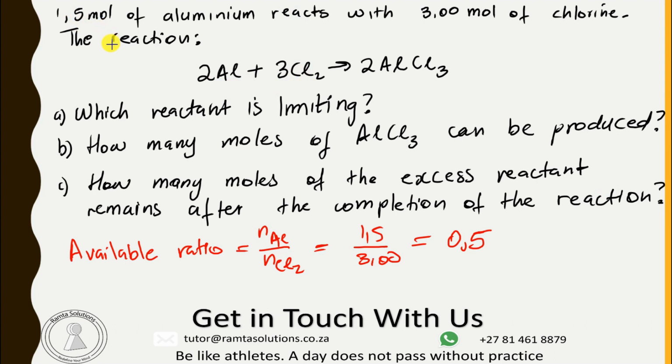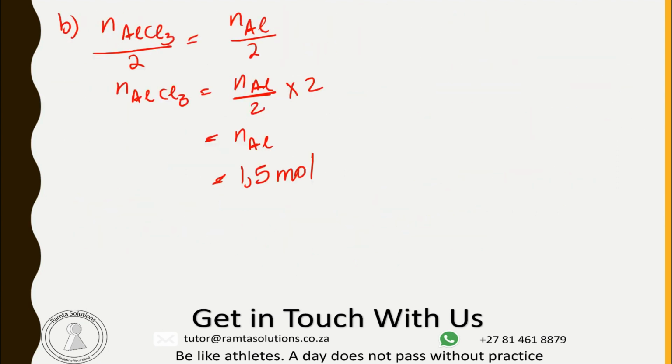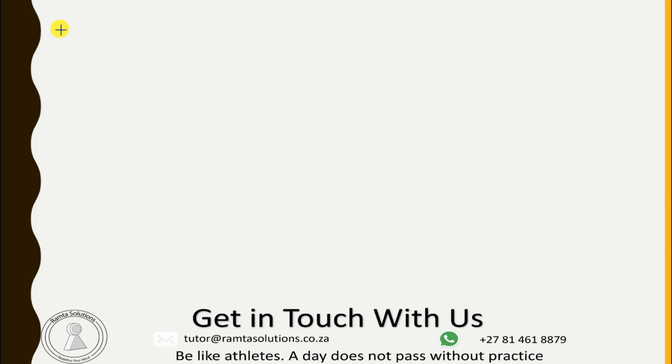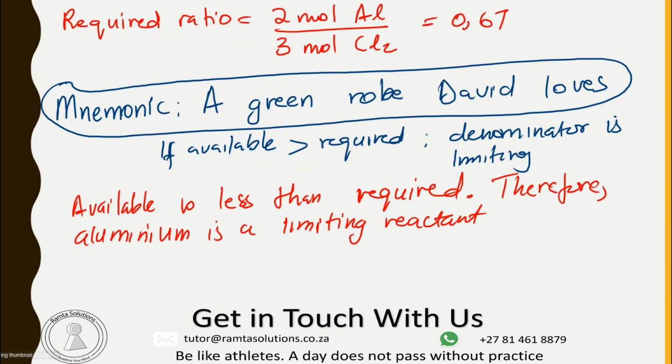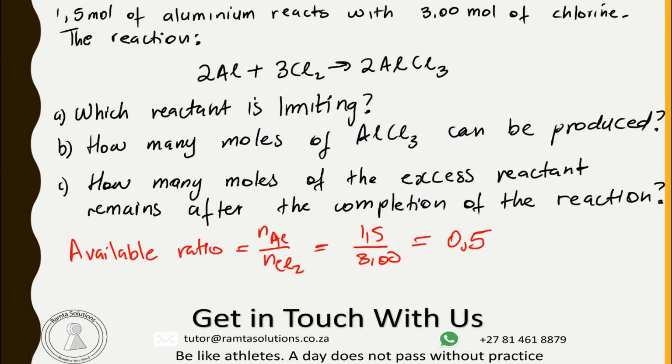So, number of moles of chlorine over its coefficient, which is 3, is equal to number of moles of aluminum over its coefficient, which is 2. Let me confirm. Yes, 3 and 2.